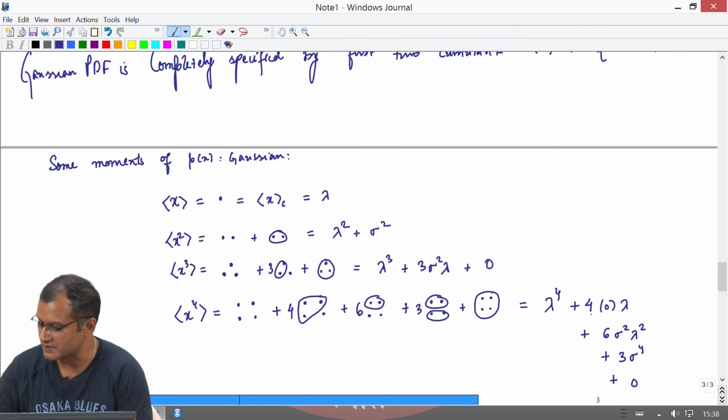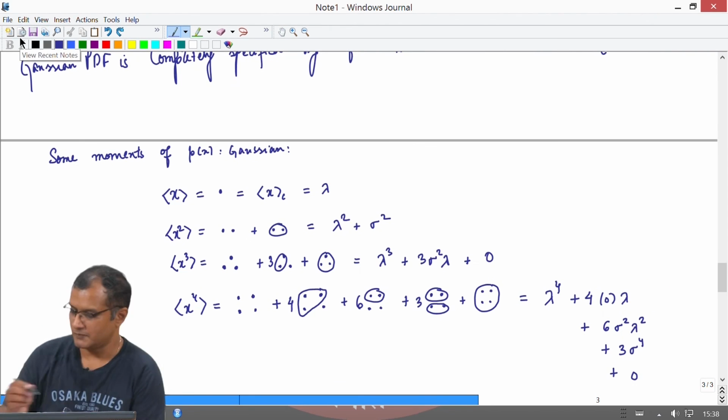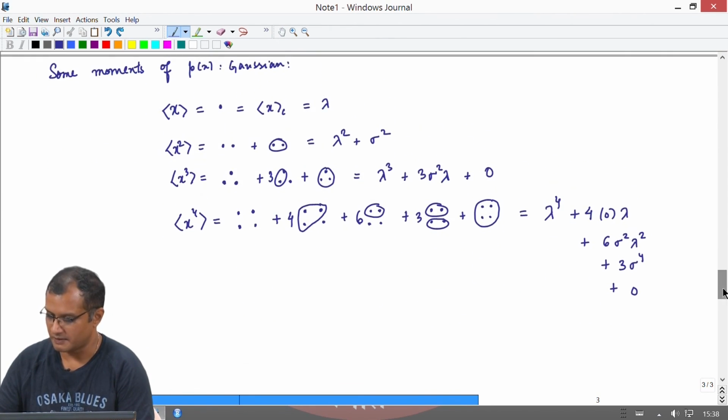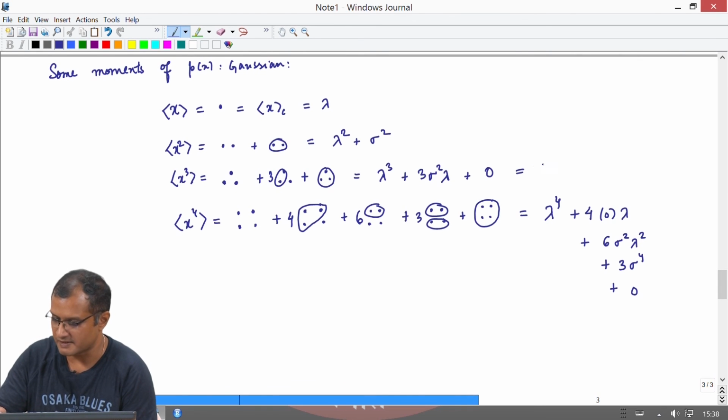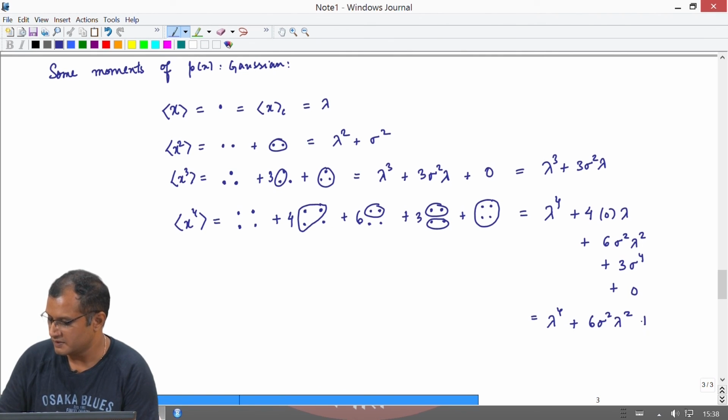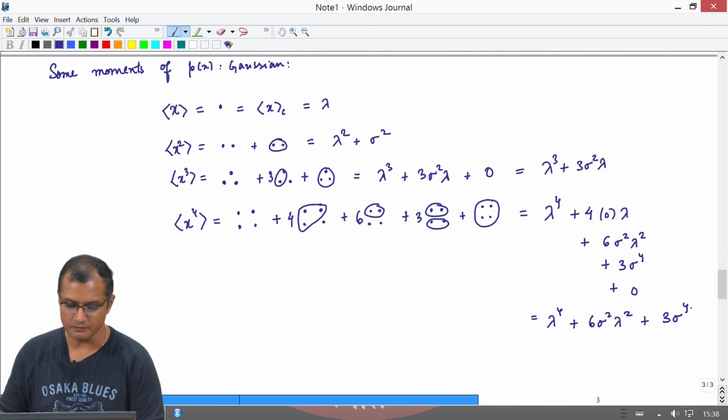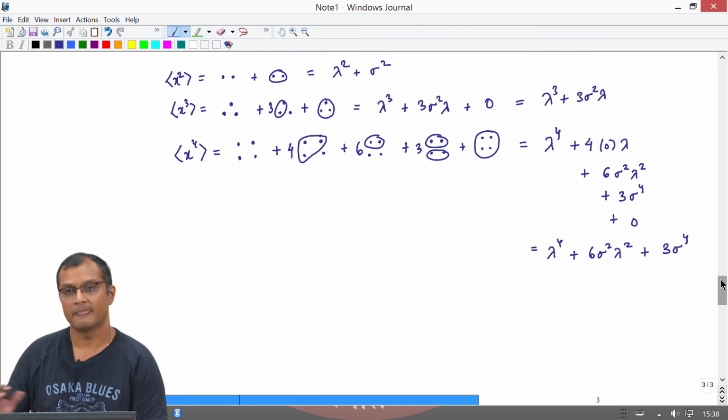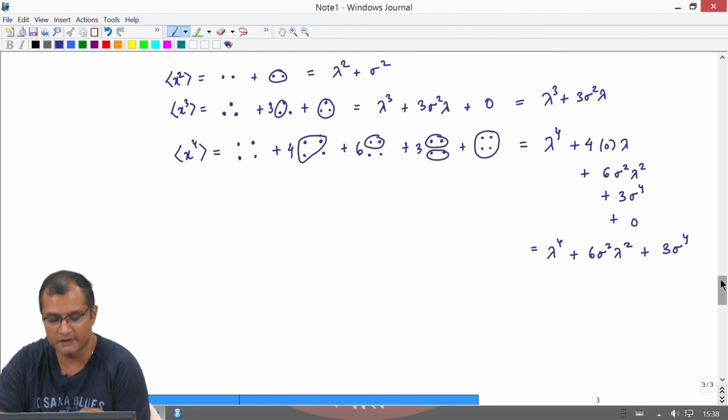So, these 2 terms are 0. Basically, you can simply write the third moment as lambda cube plus 3 sigma square lambda, and here you can simply write down lambda 4 plus 6 lambda square sigma square plus 3 times sigma to the power 4. So, these are the 4 moments of the Gaussian random variable.